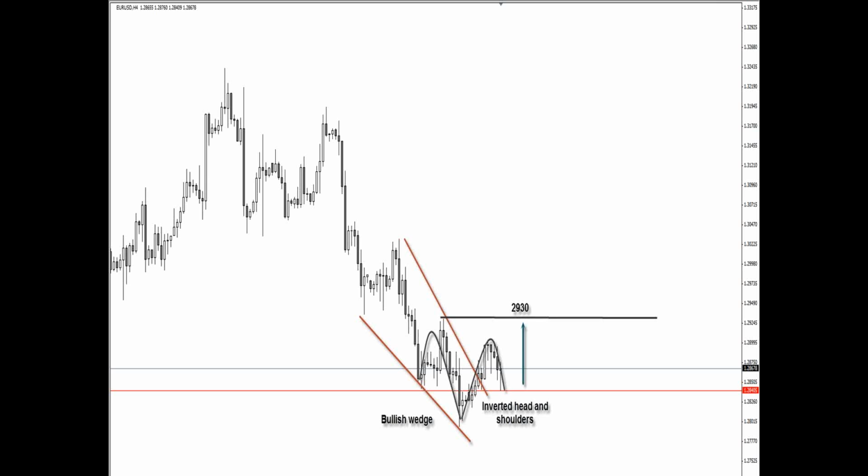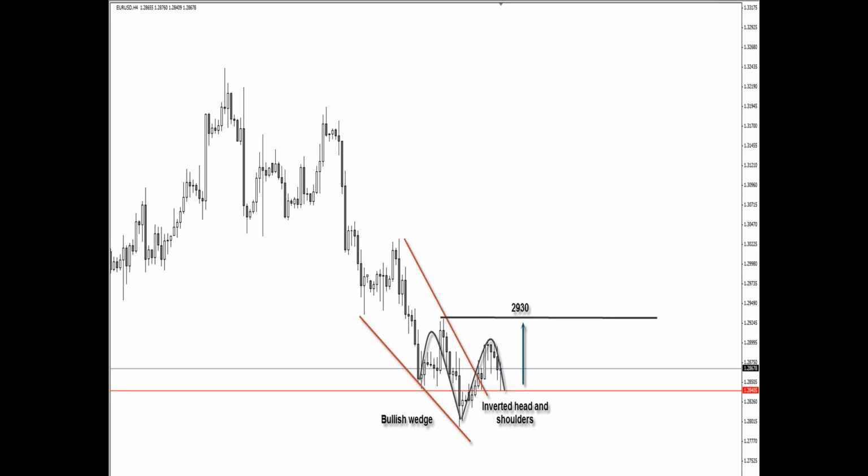In this example, we can see that the price has retested 28.40, and then it made an inverted head and shoulders within a bullish wedge. First, let's see the bullish wedge, the lower trend line and upper trend line, and then we can see a left shoulder, a head, and a right shoulder.